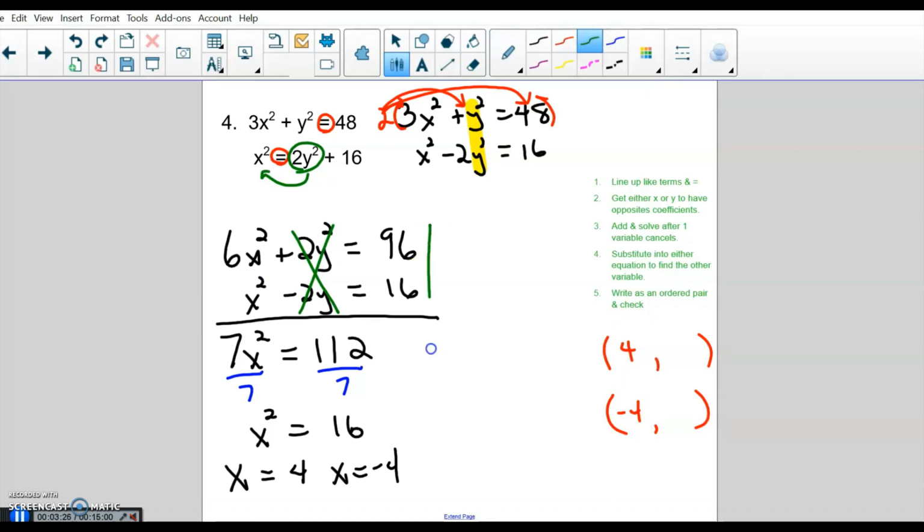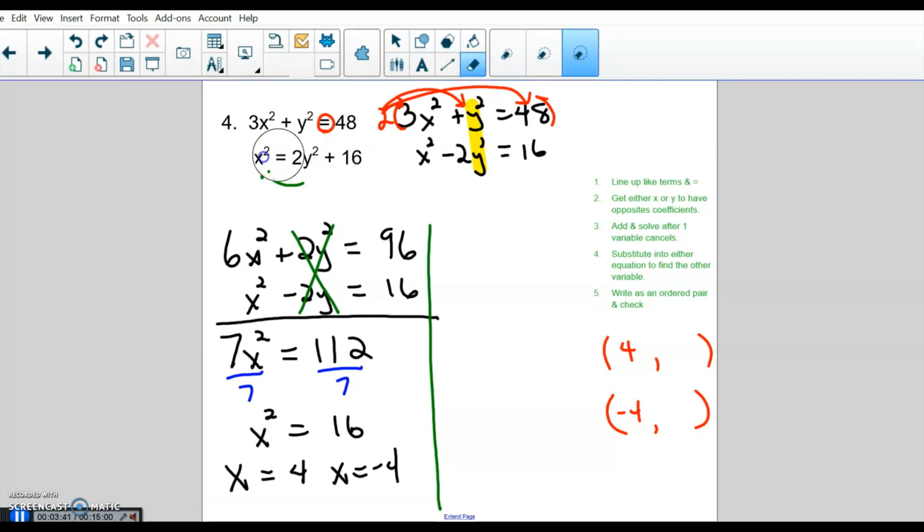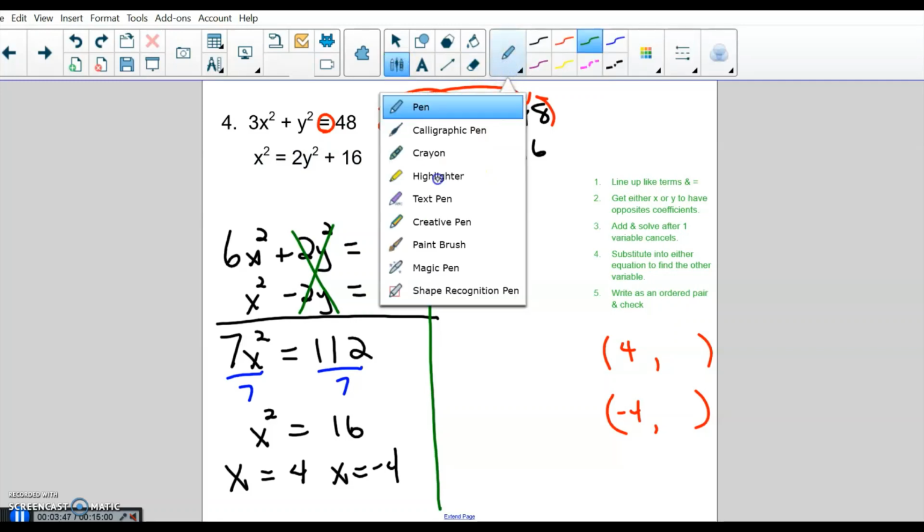Let's create some separation. All right, you have a lot of different equations that you can choose from to solve for the y variable. In my opinion, I think this bottom one seems the simplest. Doesn't make it right, that's just my opinion.